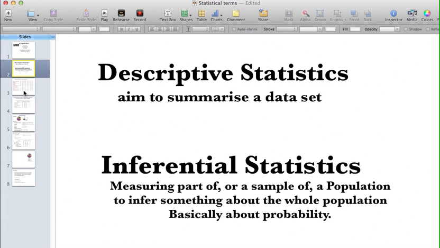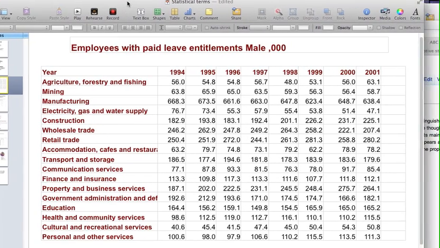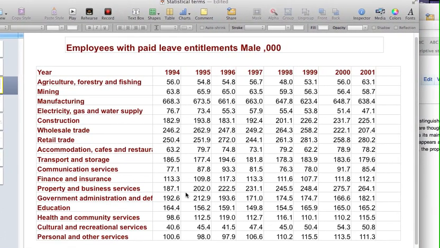Okay, so let's have a look at a data set. Here's a data set. Here we've got employees with paid leave entitlements. I hope you can see all of that. Let me just move it into the screen a bit. Now, I was going to actually do this because I thought, hey, this is interesting. This is coming from the Australian Bureau of Statistics, and it shows you the variables.